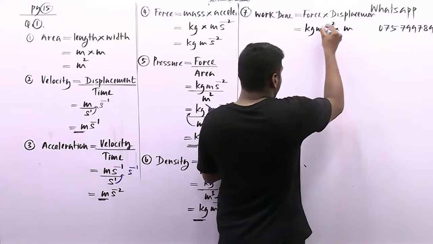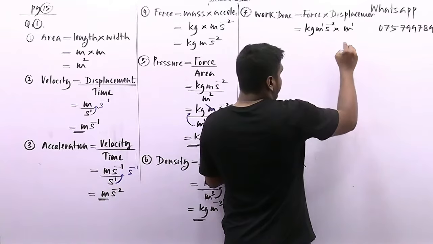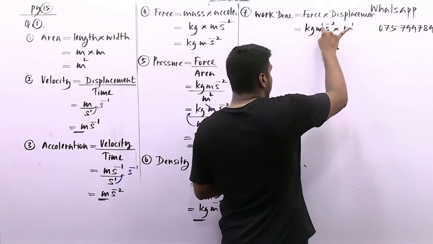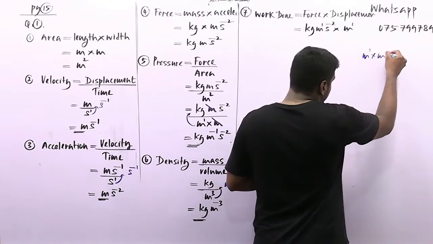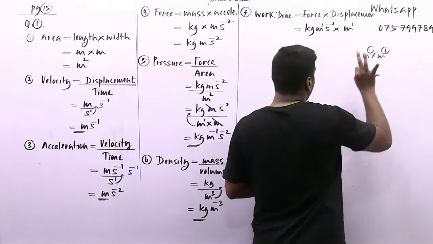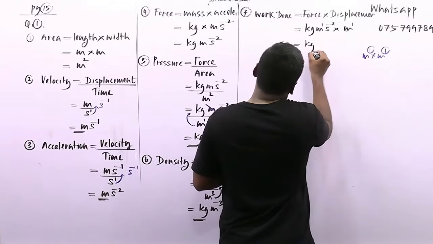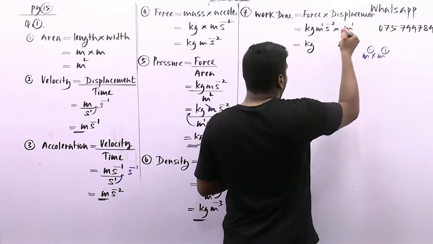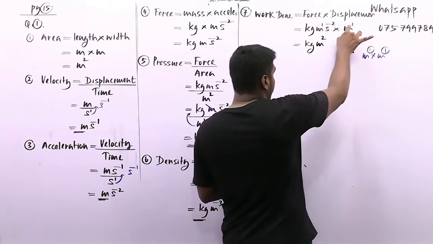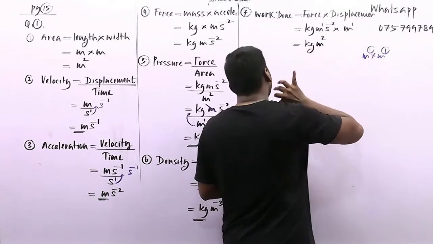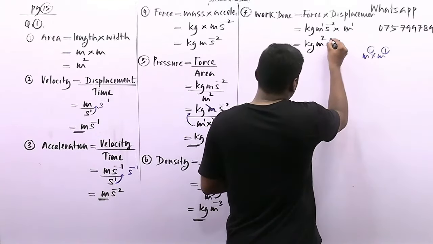Now you can see m to the power 1 into m to the power 1. If they have the same base, you can add their powers. 1 plus 1 is 2. Therefore, the units of work done are kg m to the power 2 s to the power minus 2. In case you are not that good at adding or multiplying powers, don't worry. We are doing it in our foundation maths program.